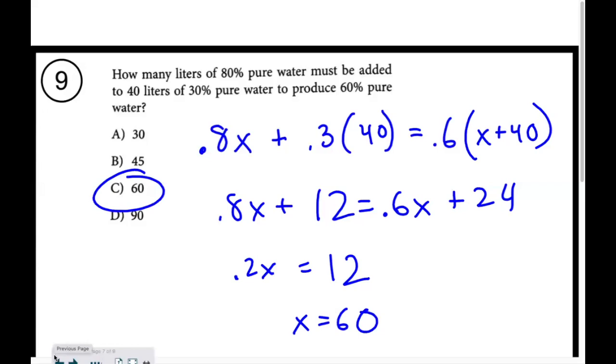Sometimes you choose a variable, and the variable is not necessarily the thing they're questioning about. It's something that's based off of that variable. And then you can be certain that whenever you solve for x, that answer is going to be one of the answer choices. But that doesn't happen here. The x that we're solving for is the same thing as what they're asking for. So we are all good there.